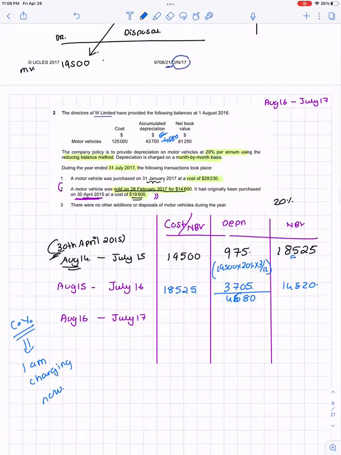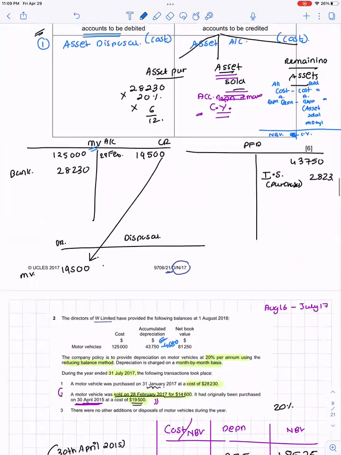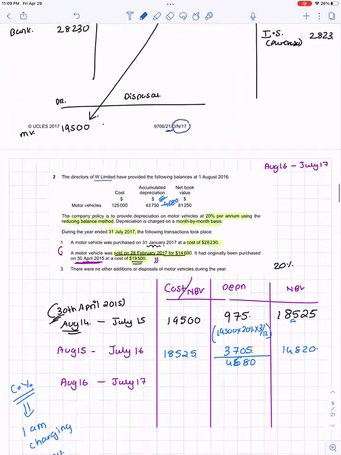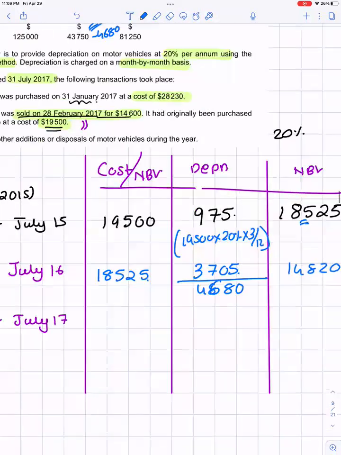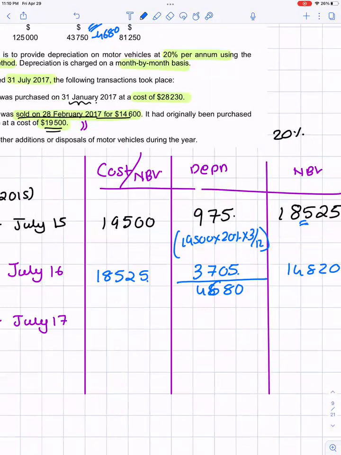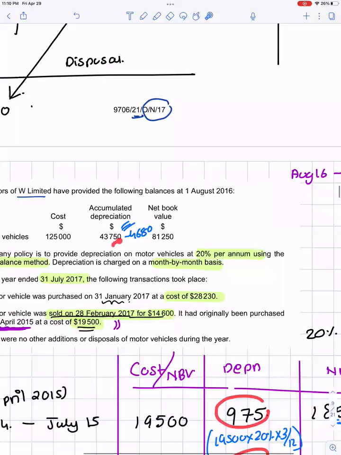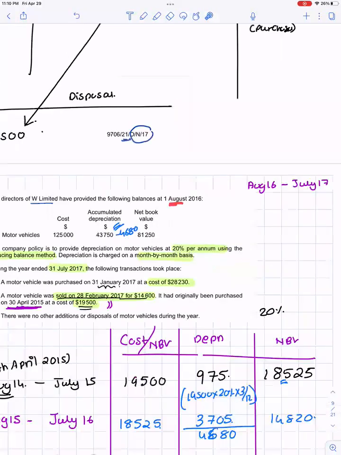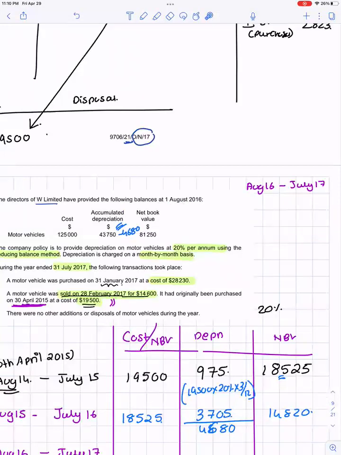Now let's see the current year depreciation. What is that 4680? On day one, how much is included in this provision for depreciation? Not till date, till the current year beginning.